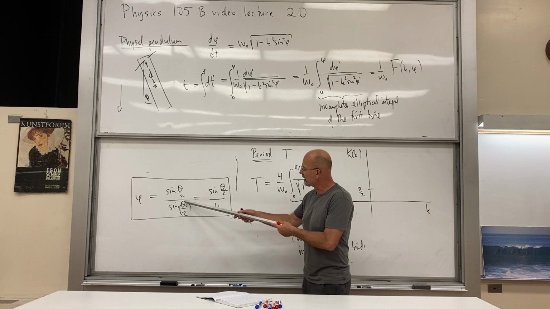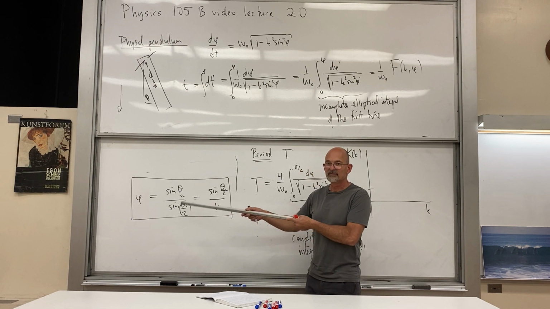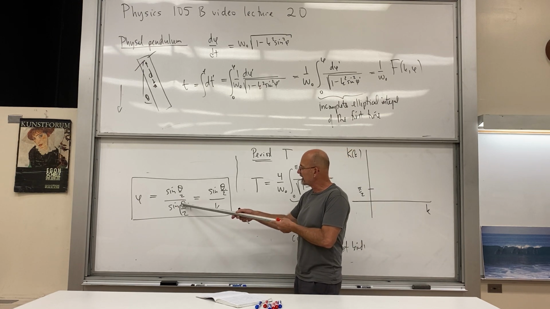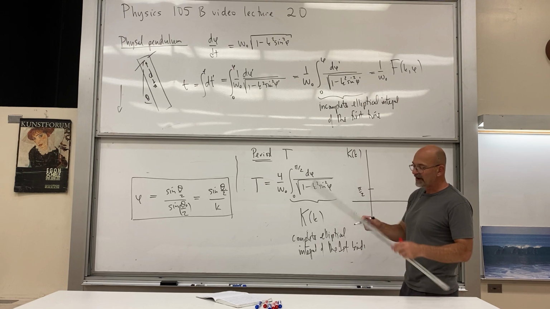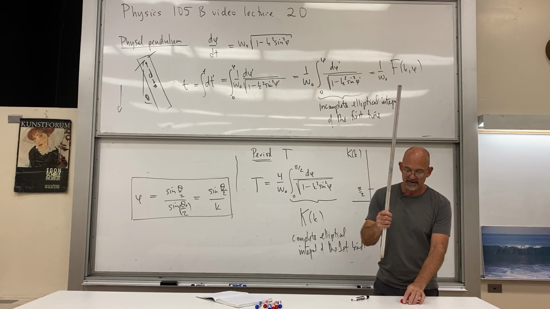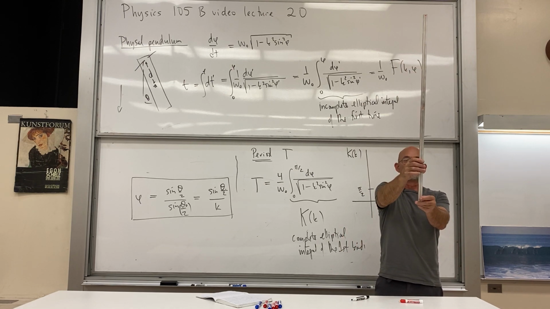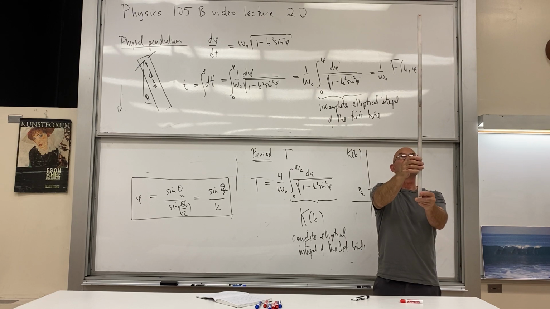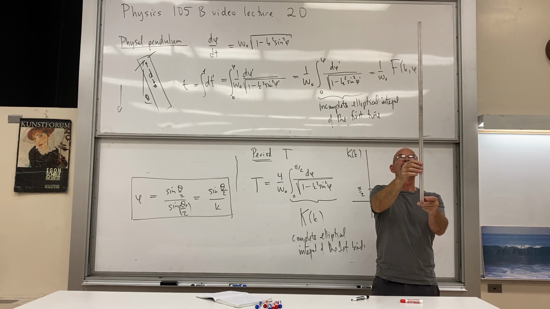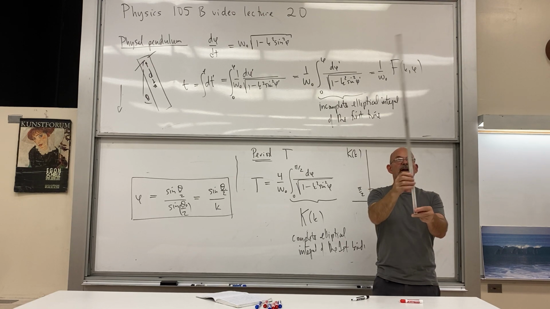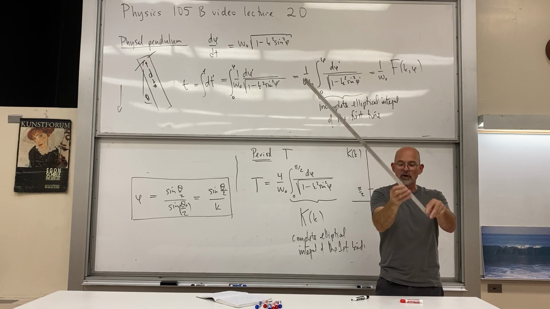Theta naught over 2 would be 90, sine of 90 would be 1. So theta naught approaches 180 degrees. Physically you're standing that pendulum on its head, so to speak. And if you could balance it perfectly, it would have a period of infinity because it would never fall down. It would start infinitely slowly.